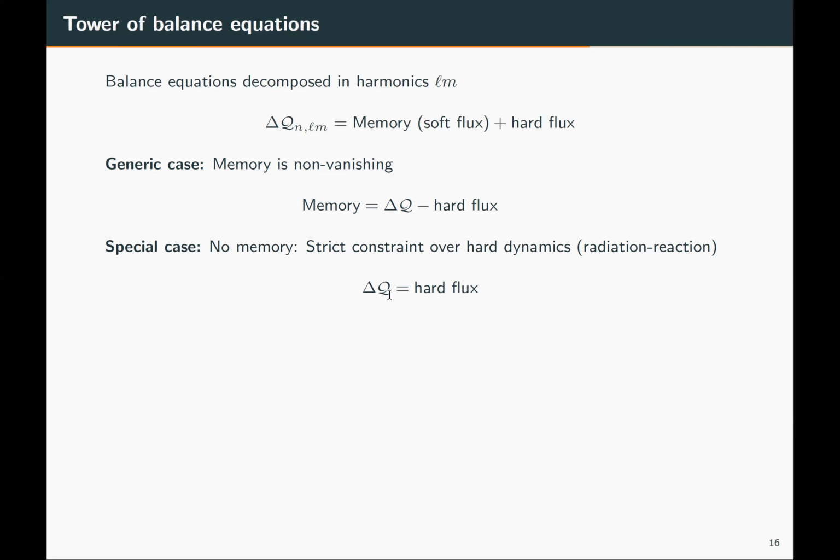So this is really a strict constraint over the hard dynamics. In other words, it's a radiation reaction equation. If you know the radiation, you can infer from that the changes in the source of the radiation. And this is in principle useful for gravitational wave analysis and so on.